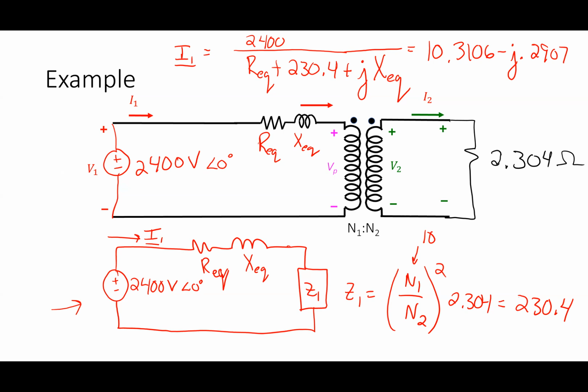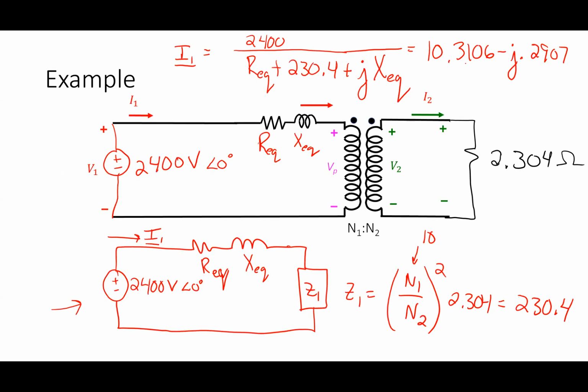I1 over N1, or I1 N1 is equal to I2. Basically what he just said is use the ideal transformer relationship. What I say with the ideal transformer is the magnitude of I1 times N1 equals the magnitude of I2 times N2. And I don't like negative signs to scare me.